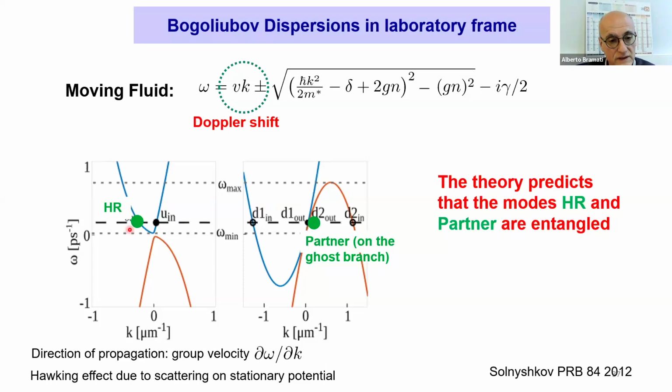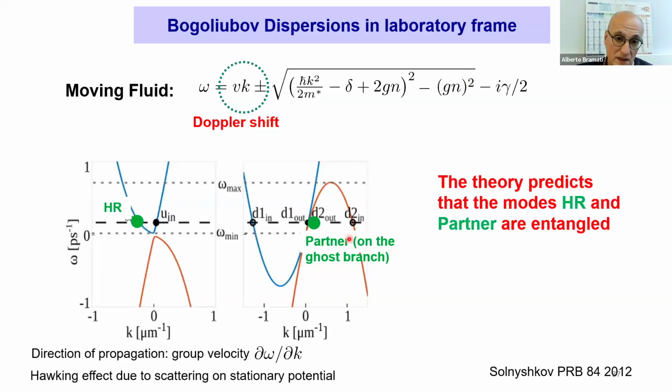Now, if we consider a Bogoliubov mode here, its group velocity, given by the derivative of omega with respect to k, is positive. So it is a perturbation which is going in this direction toward the horizon. It could be scattered by the horizon. And the theory predicts that the modes that are generated, transmitted and reflected, in particular the Hawking radiation mode and the partner mode, are entangled. So we should be able to measure entanglement between these two modes.